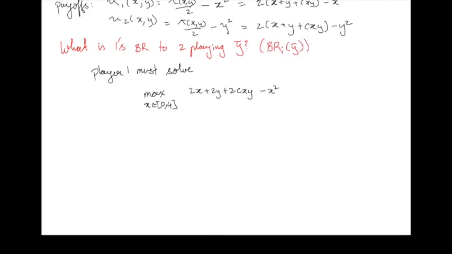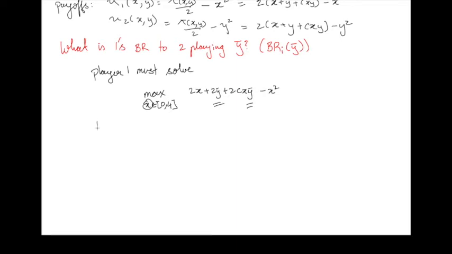So let's start with player 1 and figure out player 1's best response function. What is player 1's best response if player 2 is going to play the strategy y bar? To find the best response to y bar, player 1 has to find the effort level x that maximizes his payoff given that the other player is going to choose y bar.